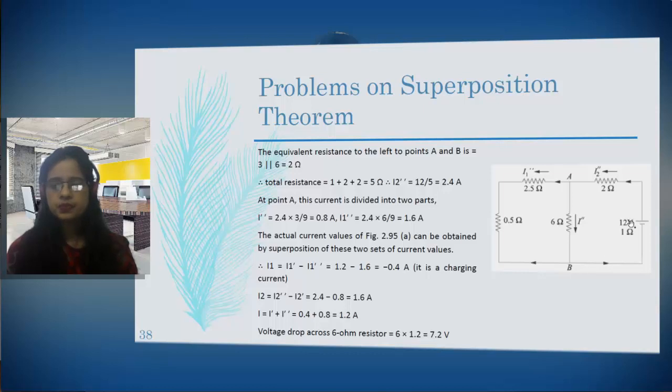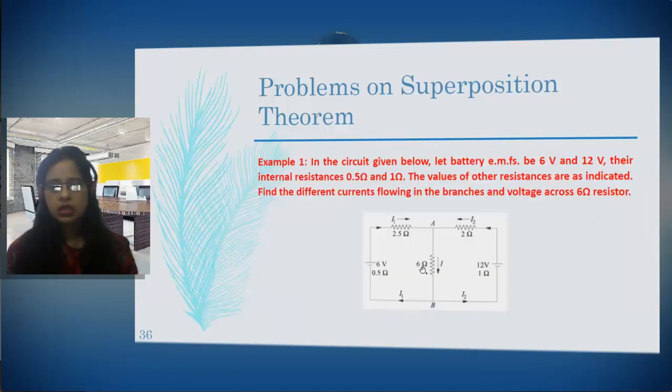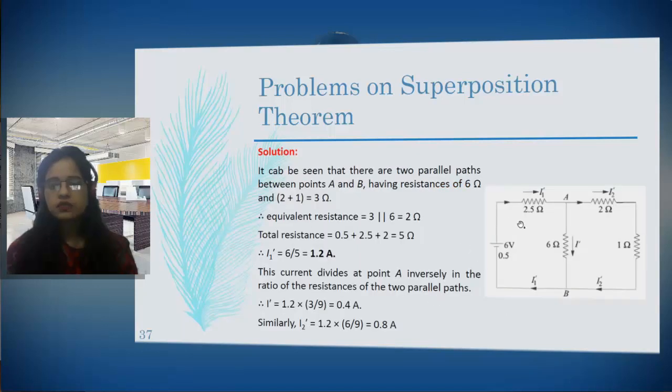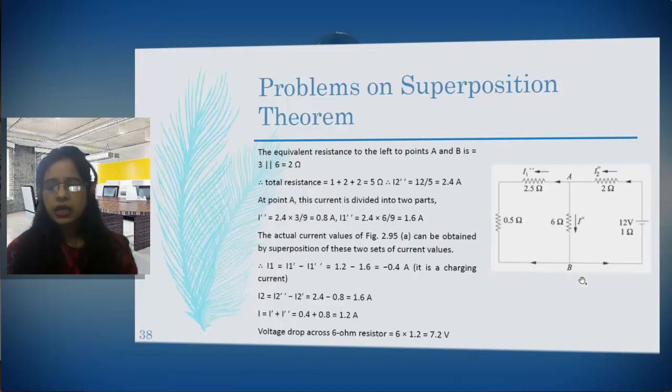Let us first find out the current I that is flowing through this 6 ohm. That current will be equal to, see the main circuit, the current flowing when this voltage source was connected, that is I dash, plus the current flowing when this voltage source was connected.